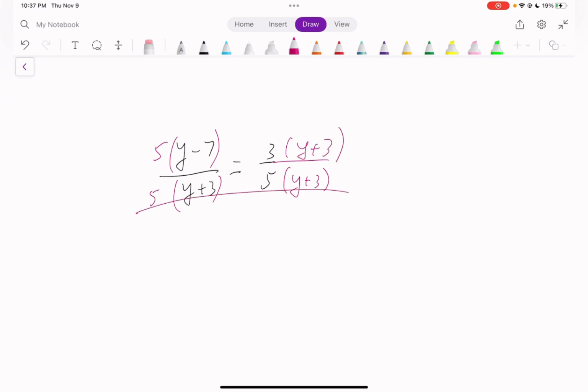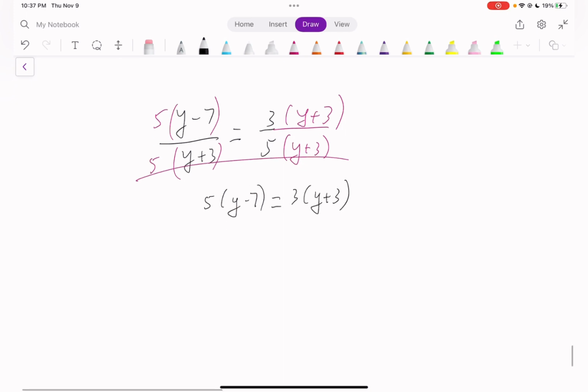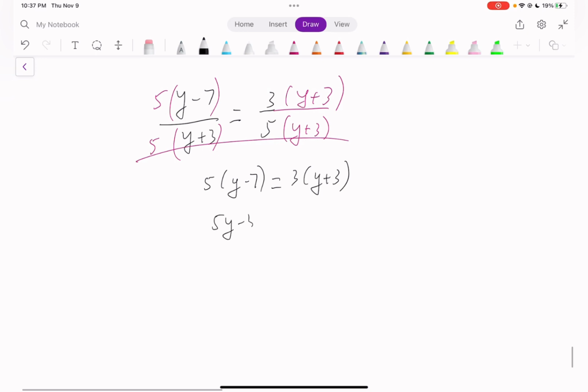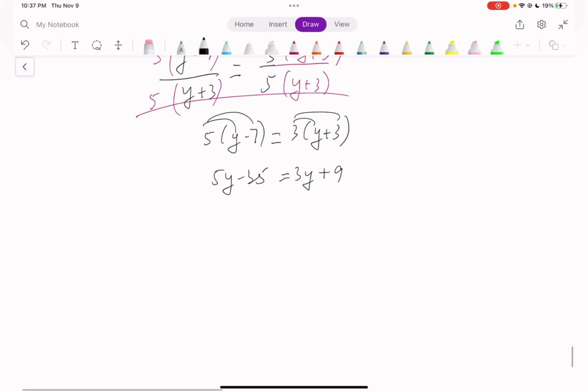Throwing out the denominators, we get 5 times y minus 7 equals 3 times y plus 3. 5y minus 35 equals 3y plus 9, right? Distributing. So from here, 3y moving here, negative sign. So 5y minus 3y will be 2y, and 35 moving to the other side, it's going to be positive. So it's going to be 44, and accordingly, y will be equal to 22.